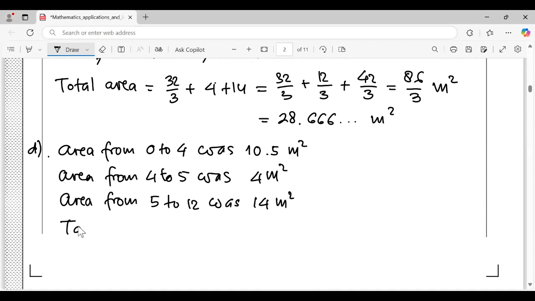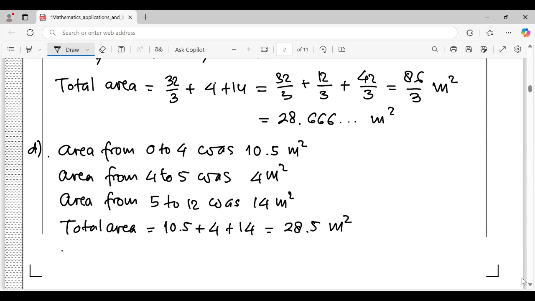So the total area is 10.5 plus 4 plus 14, which is 28.5 square meters.